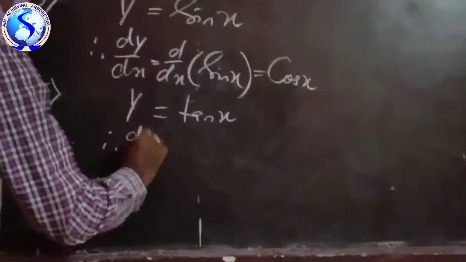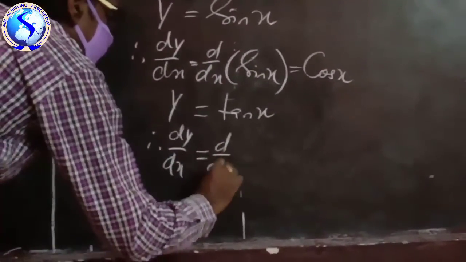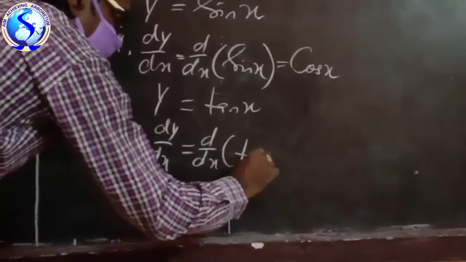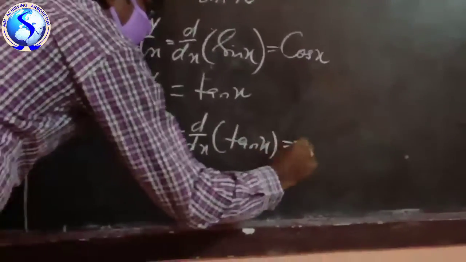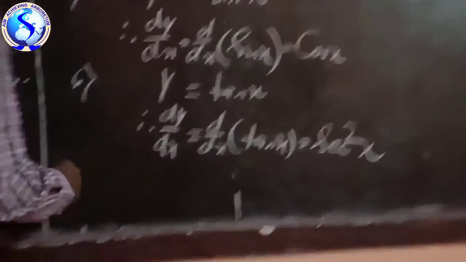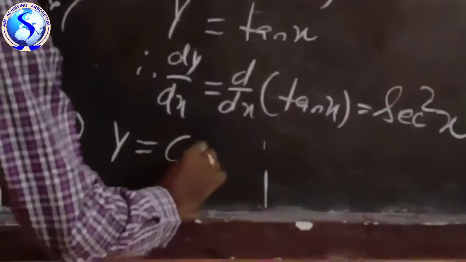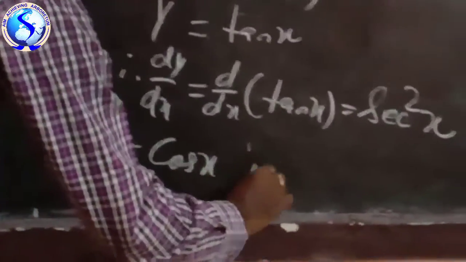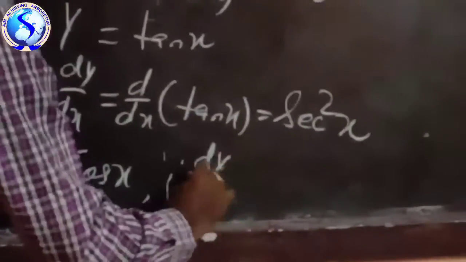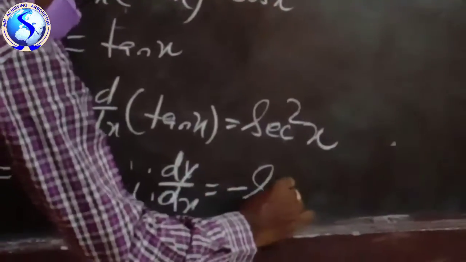Therefore, dy by dx will be how much? The derivative of tan x is sec square x. Number 7, if y is equal to cos x, what is the derivative? dy by dx, the answer is minus sin x.